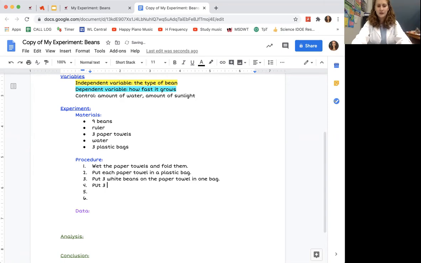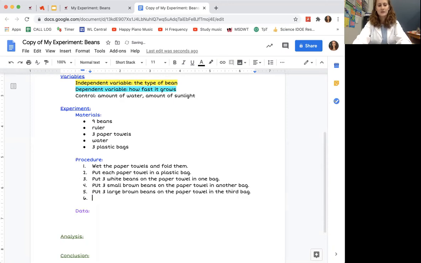Put 3 small brown beans on the paper towel in another bag. And I put 3 large brown beans on the paper towel in the third bag.